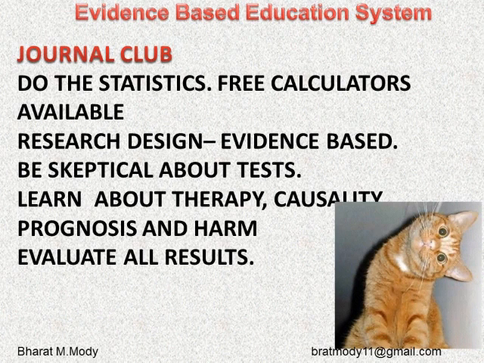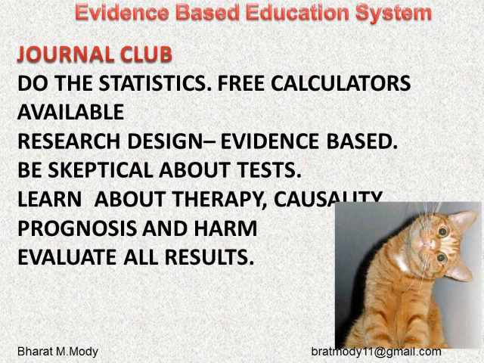So journal clubs should be utilized, and statistics should be done on your own. Free calculators are available, so don't be afraid of statistics and all those figures and formulas. They can easily be done. Research design you should understand, and be skeptical of tests. They just give you probability. They don't tell you whether the patient has the disease or not.